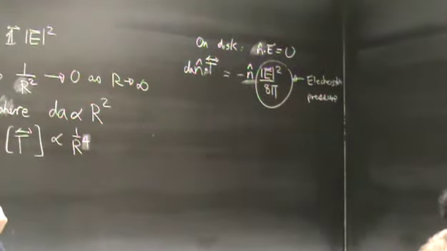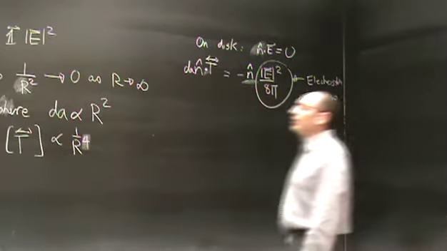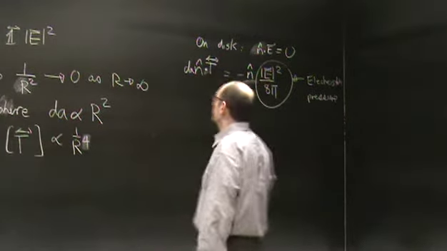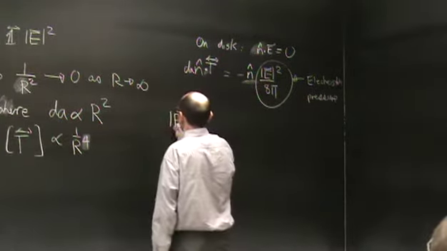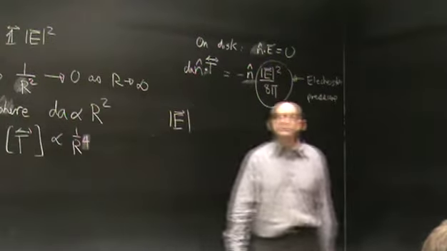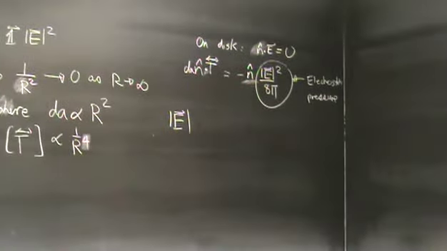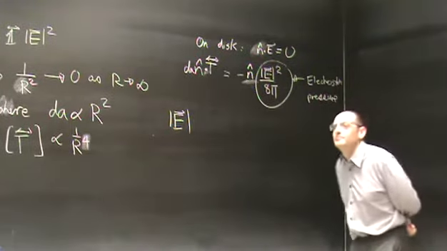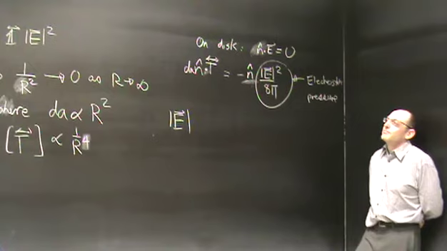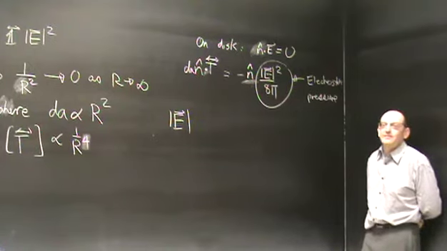So let's do it. What is the electric field on this bisector? What's the magnitude of E? Q, or 4Q over D squared.